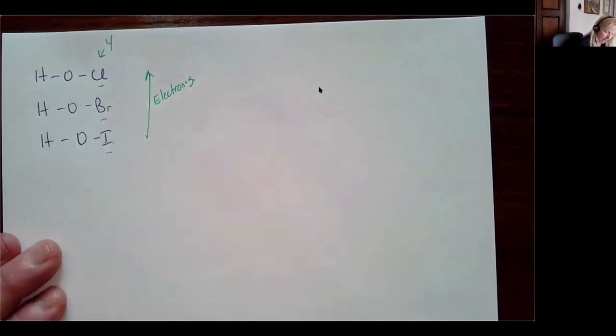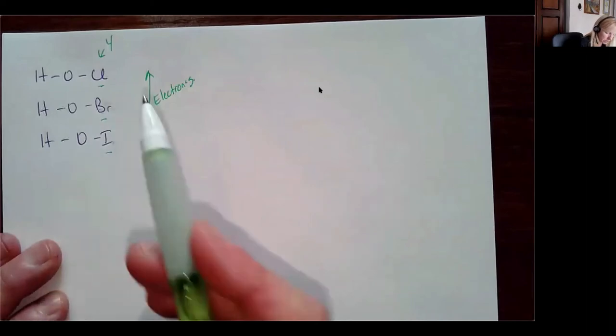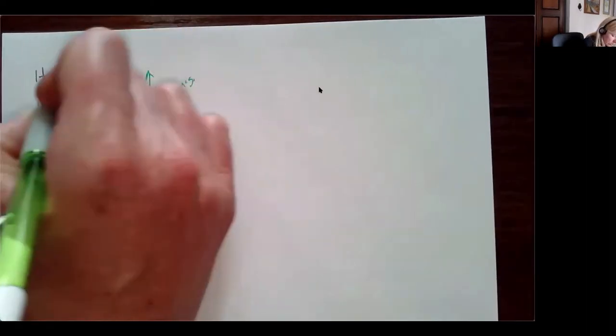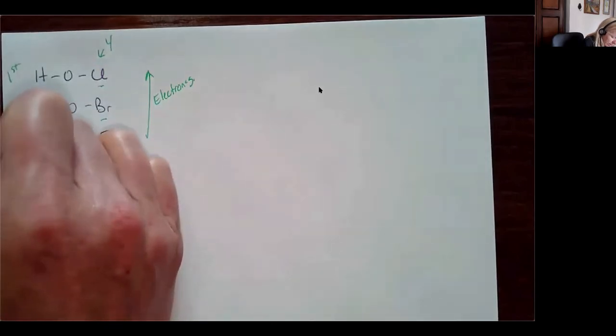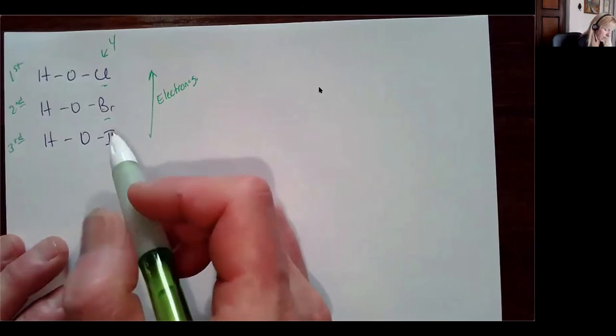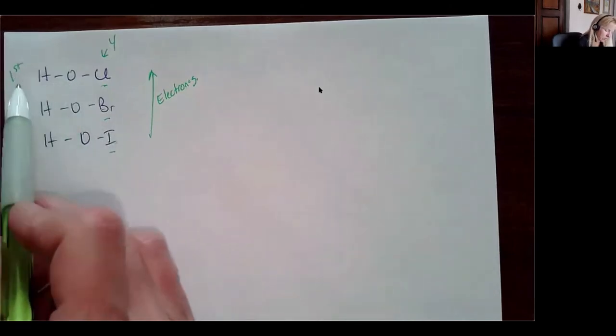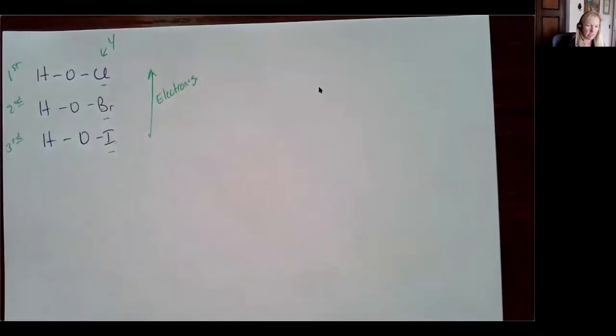So in terms of acid strength, because they're all the same in the number of oxygens bound, this is going to be the strongest. This will be a little bit weaker, and this will be the weakest. These are all weak acids, but of these, this is going to be the stronger of those weak acids, meaning that it's going to be able to dissociate a little bit more.